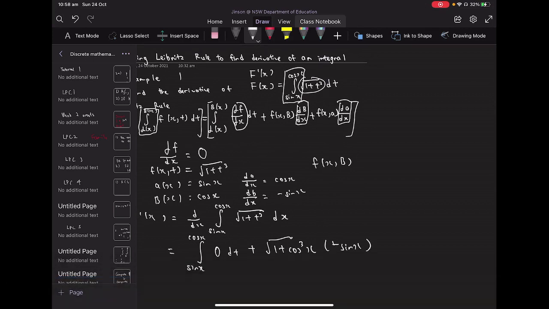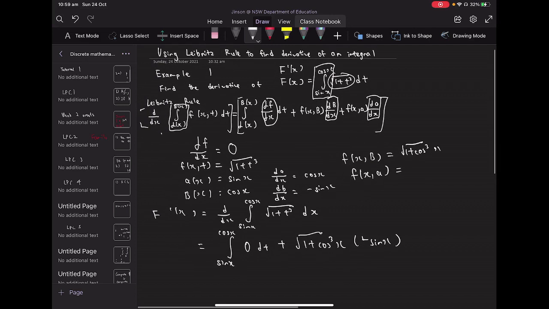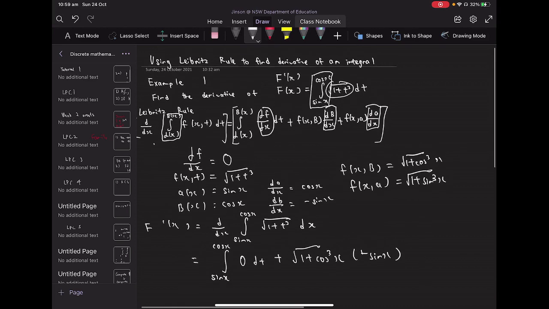And to find f of x, alpha, it is just the square root of 1 plus sine cubed x, where you just replace the t with alpha.